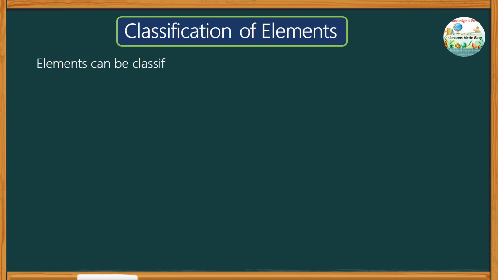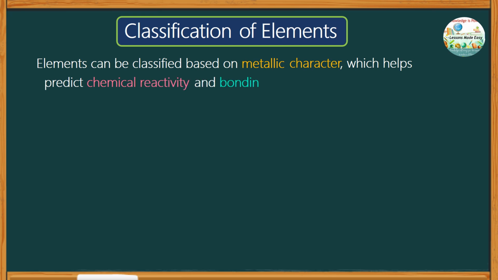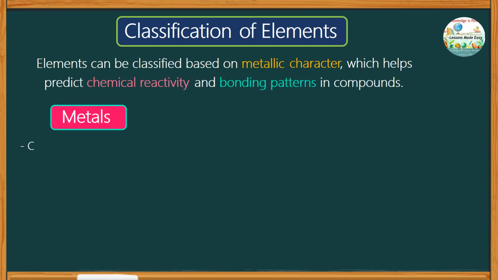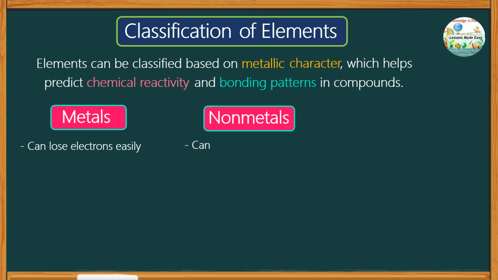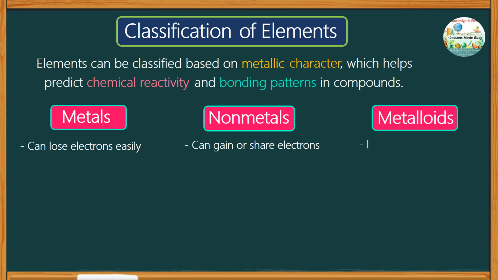Let's look at the classification differences between elements and compounds. Elements can be classified based on metallic character, which helps predict chemical reactivity and bonding patterns in compounds. We have the metals that can lose electrons easily. The nonmetals can gain or share electrons, and the metalloids that exhibit intermediate behavior.